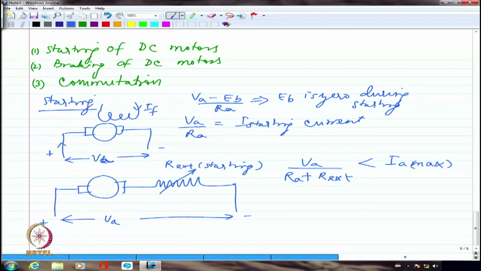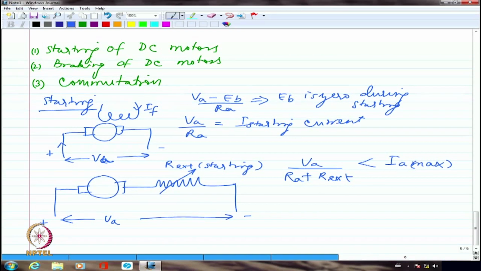I may have the normal current carried by an armature to be 10 amperes, but I may allow 20 amperes to go through my machine, probably because the commutator will be able to withstand that much current for a short while. So it depends upon how I have really set the limit depending upon my commutator action.